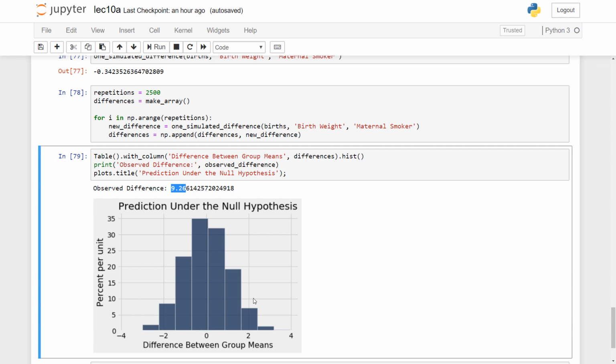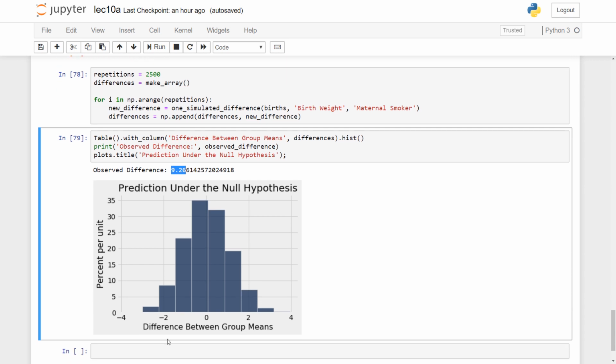So we should reject the null hypothesis, and that's of course evidence that favors the alternative, which is that there is something other than chance that affected the noticed difference in the baby weights in the two groups.